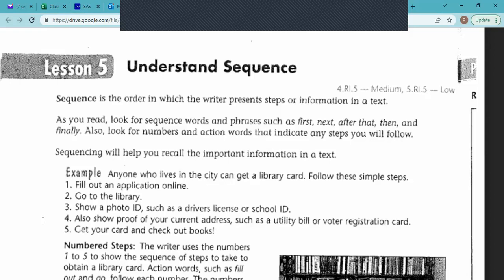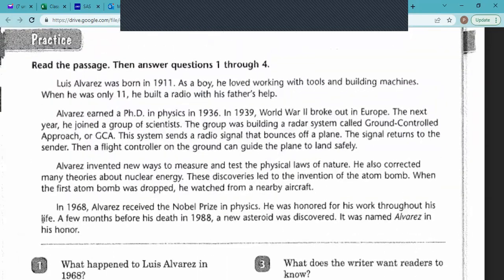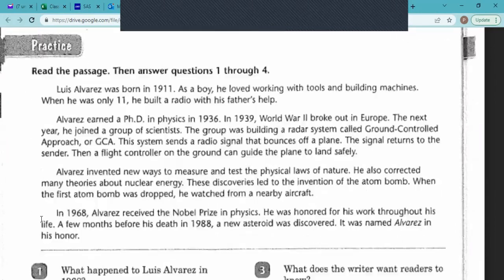All right, so it says here that sequence is the order in which the writer presents steps or information in a text. Okay, so as you read, look for sequence words and phrases. So this right here has a lot to do with, all right, let's go back to, oops, kind of missed it here.